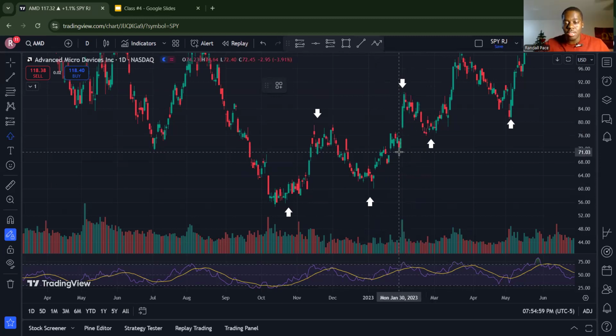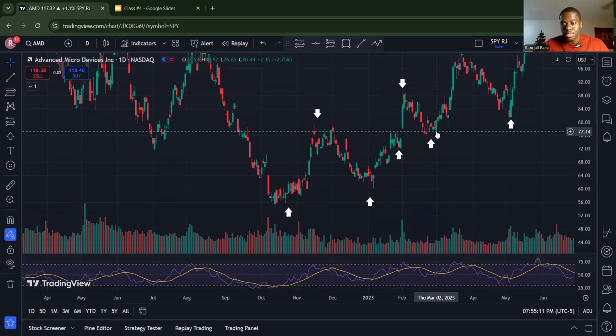They may say, okay, well, I don't want to hold it this far because that is a far drop. Maybe you can start saying, okay, under this point to be safe, because this minimizes your risk. Because technically, if it starts to break under here, then you start to have a lot of room to the downside.